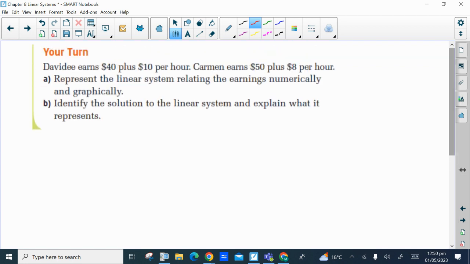So we have to start by writing our equations, and in this case, we need to start that process by choosing our variables. So we might let A, and it can be any variable you want, but I'm going to let A equal the amount earned. So this will be for each person.